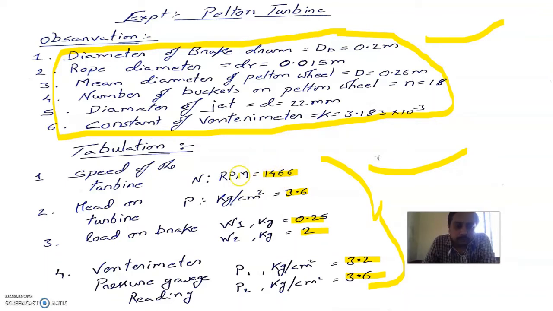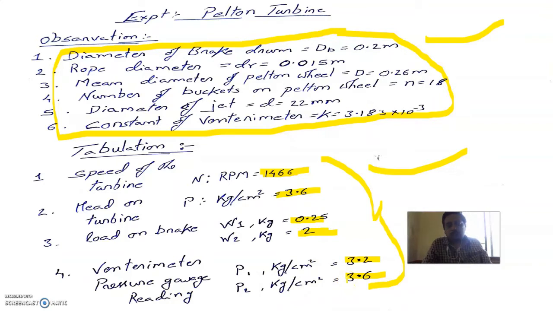So in the experiment, we have taken the RPM reading, that is 1466. We have taken the head on the turbine, that is P, which is 3.6. You have taken the load on the turbine, that is 0.25 and 2 kg, that is W1 and W2. You have taken the Venturi meter pressure gauge readings, that is 3.2 and 3.6.